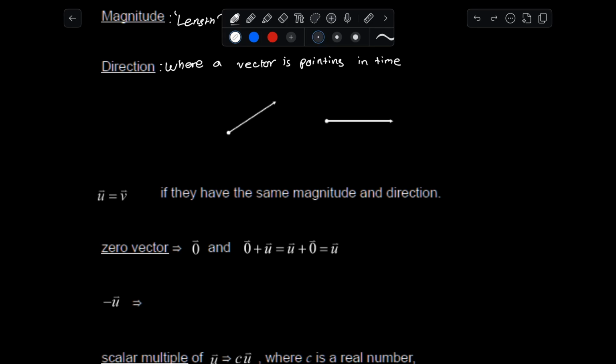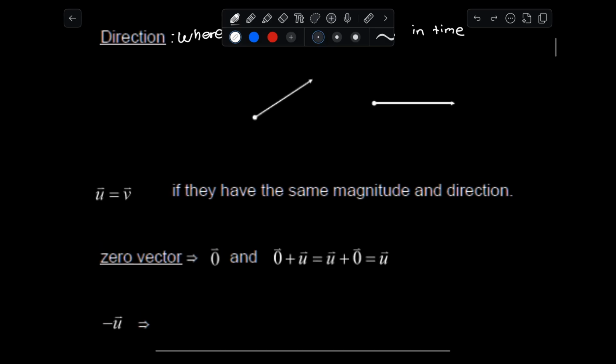So first off, this one seems obvious, but it'll help us have a better understanding of what vectors look like. It's the statement that says the vector u equals the vector v if they have the same magnitude and direction, right?